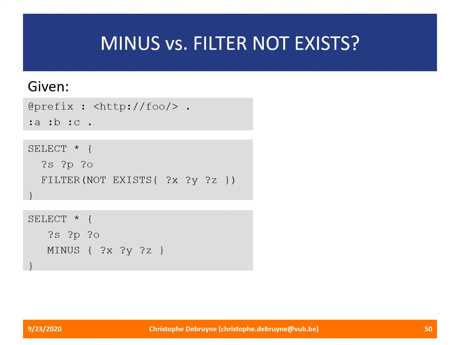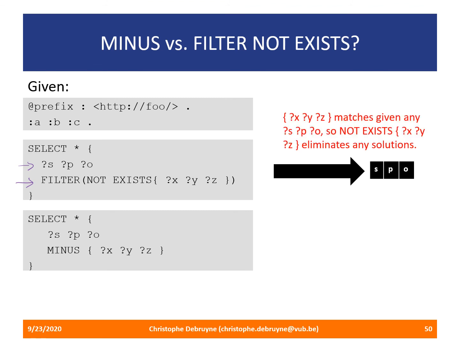Let's take this very simple RDF dataset. We have no named graph, and we just have one triple, A B C. In the first one, we use FILTER NOT EXISTS, and notice that for the first triple pattern we have three variables, S P O, and in the NOT EXISTS pattern we have different variable names, X Y Z. If we were to execute that query, we would have no solution.